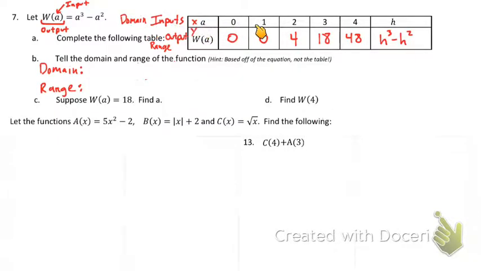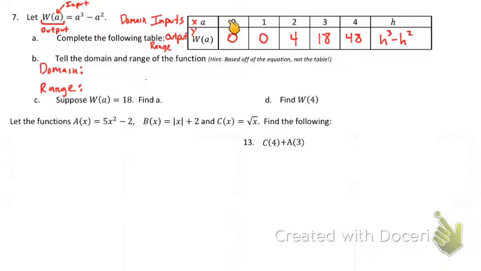What are we inputting into our function? All we would have to do is list these numbers here and H. So we would have a list of 1, 2, 3, 4, 5, 6 things. Okay, but what we want to do here is we want to look at the equation and ask ourselves, can I plug in anything into my input?